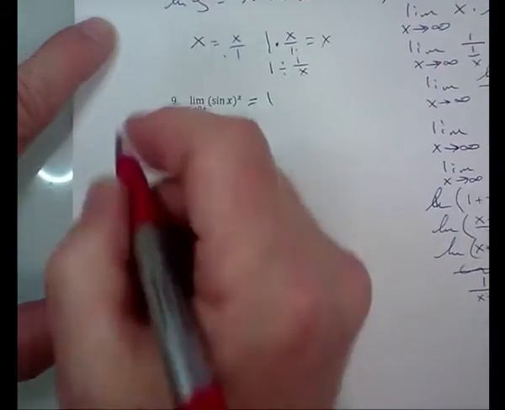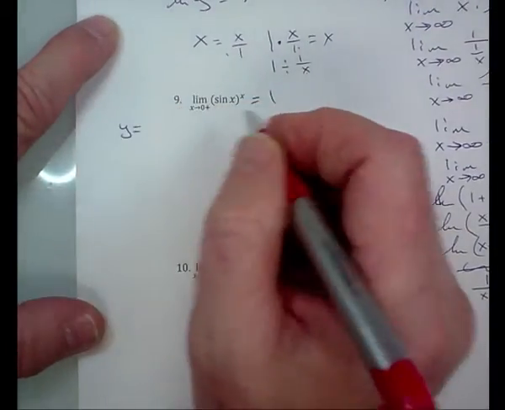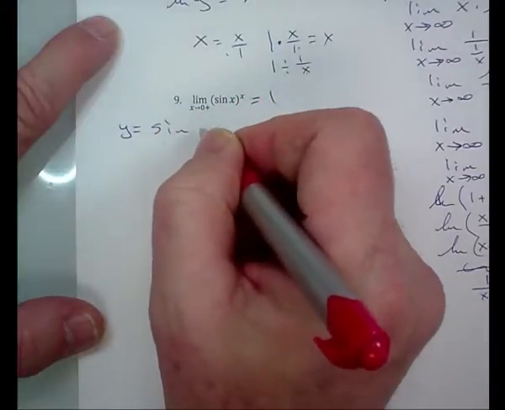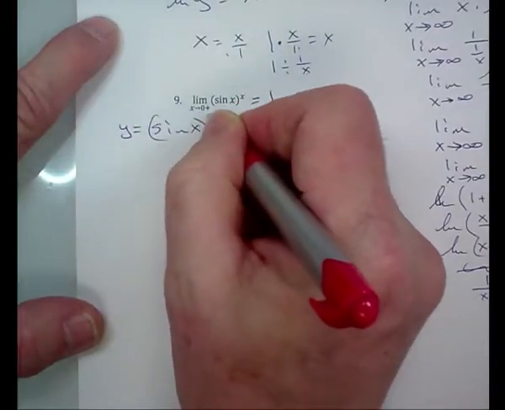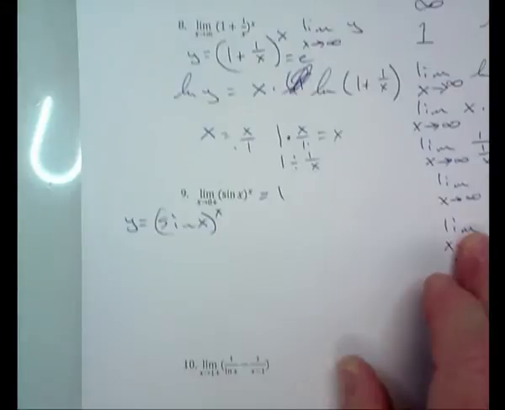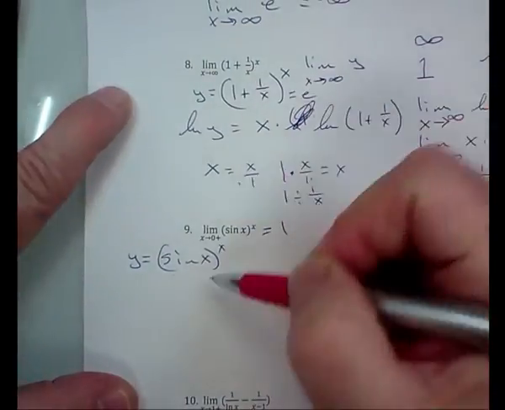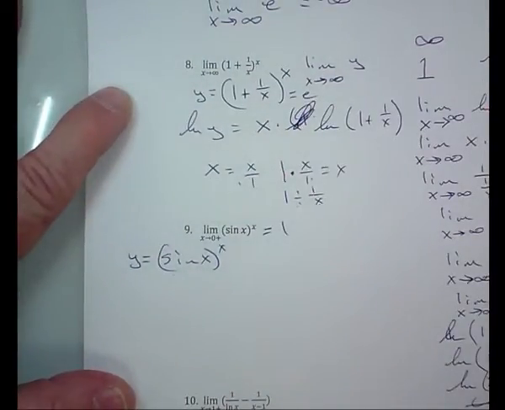So we're going to start out the same way. We're going to say y equals the sine of x to the x. Now, these look very different, but what do they have that's the same? Yeah, I have the x power. And anytime I have the x power and I want to find something about that x, I take a logarithm of both sides.